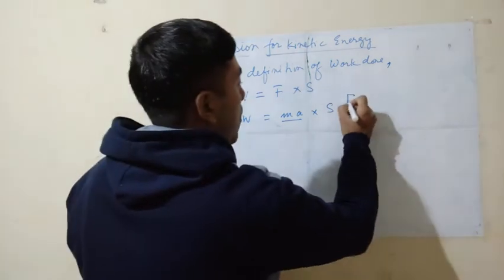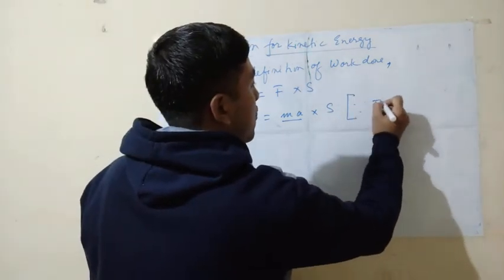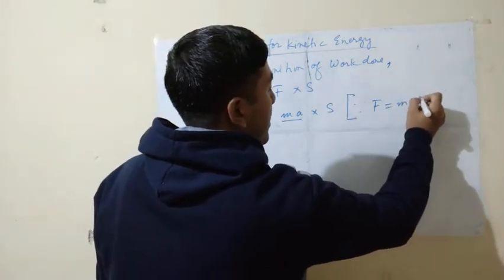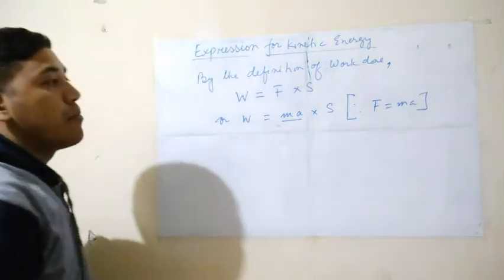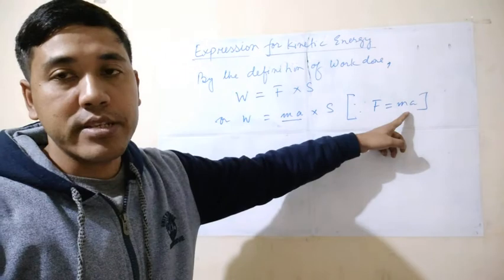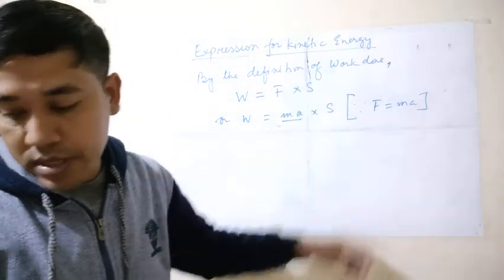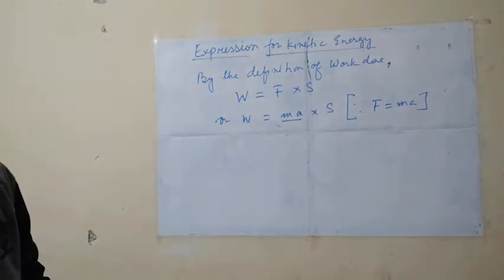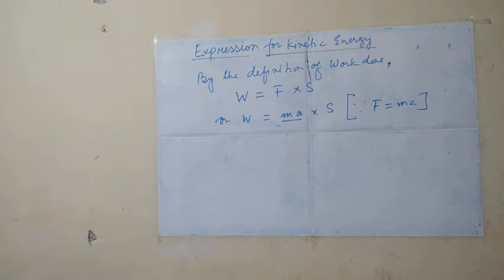Since we all know that force is equal to MA. According to the second law of motion, force is equal to mass into acceleration. Right? Any confusion?